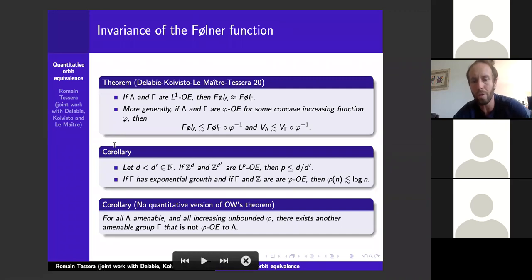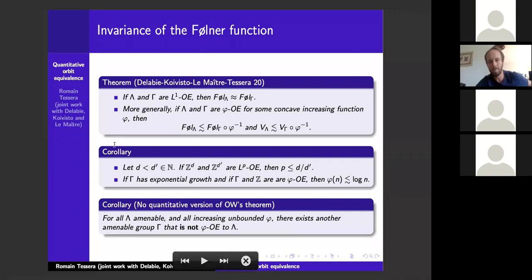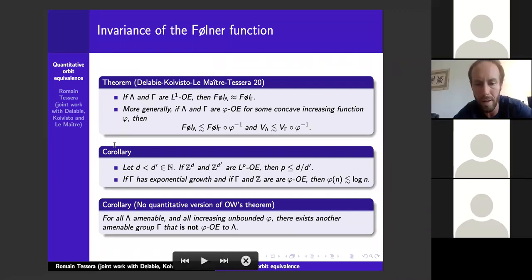Well, we have these two corollaries, which I hope are going to justify the fact that I think it's interesting. Well, first of all, if you take Z^d and Z^d', well, now you can not only say that they are not going to be L1 OE by Bowen, but you can say something stronger.